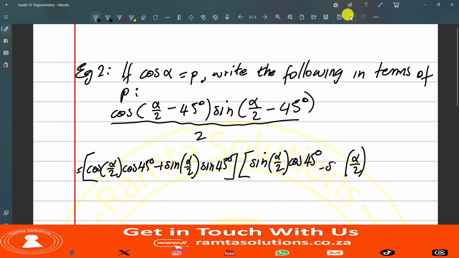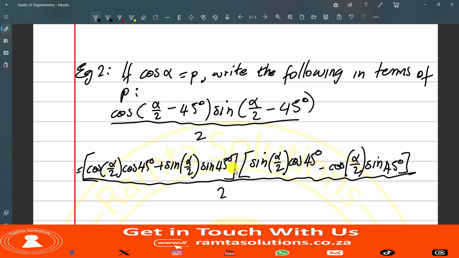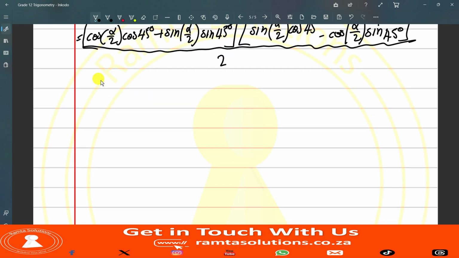Minus cos alpha over 2 multiplied by sine 45 degrees, all these over 2. All right, proceeding. Here, cos 45 is root 2 over 2. So we have root 2 over 2 multiplied by cos alpha over 2 plus, once again, sine 45 is root 2 over 2 multiplied by sine alpha over 2.